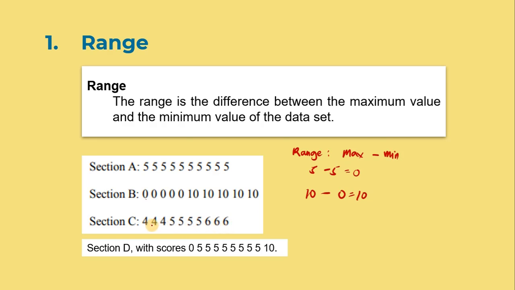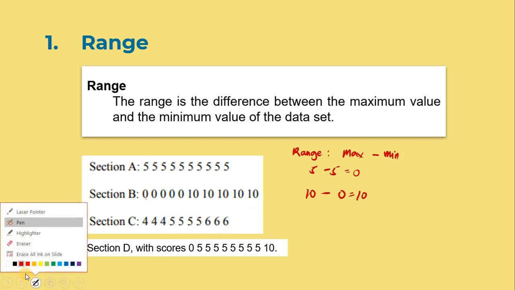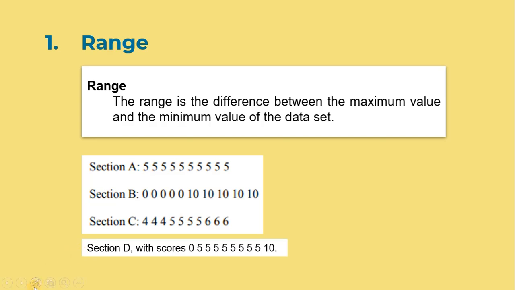What I mean is, consider lang na ang D. So, ang D lang day atong tanawon. So, the maximum value is 10 and the smallest value is 0. So, it's 10. So, looking at that section D, the range is 10.